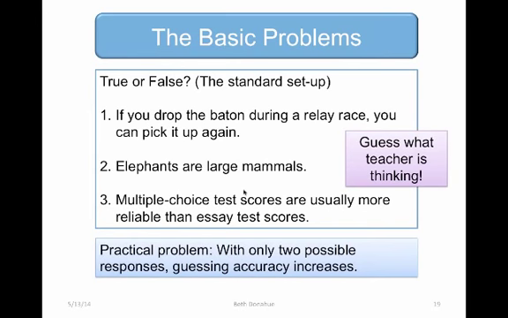The first one: if you drop the baton during a relay race, you can pick it up again. This is a question my son was given for a track and field test in his PE class. He answered incorrectly. He answered true.